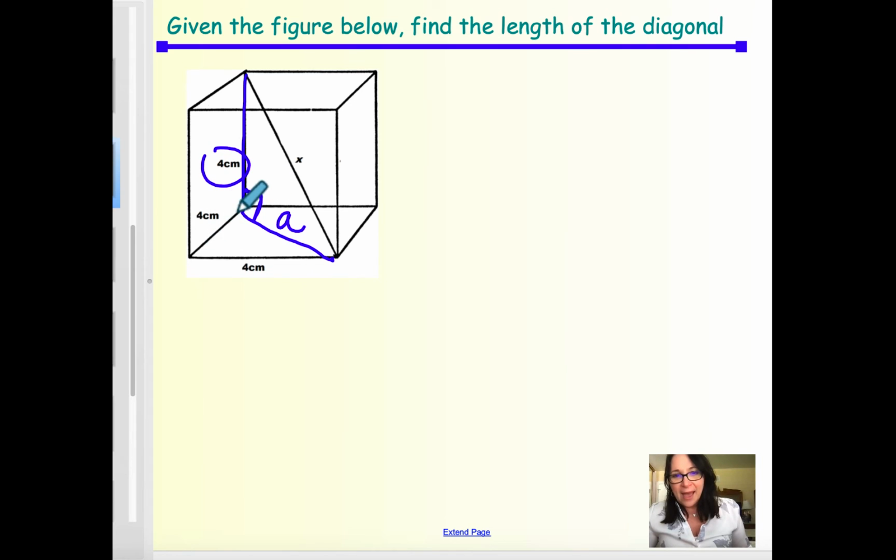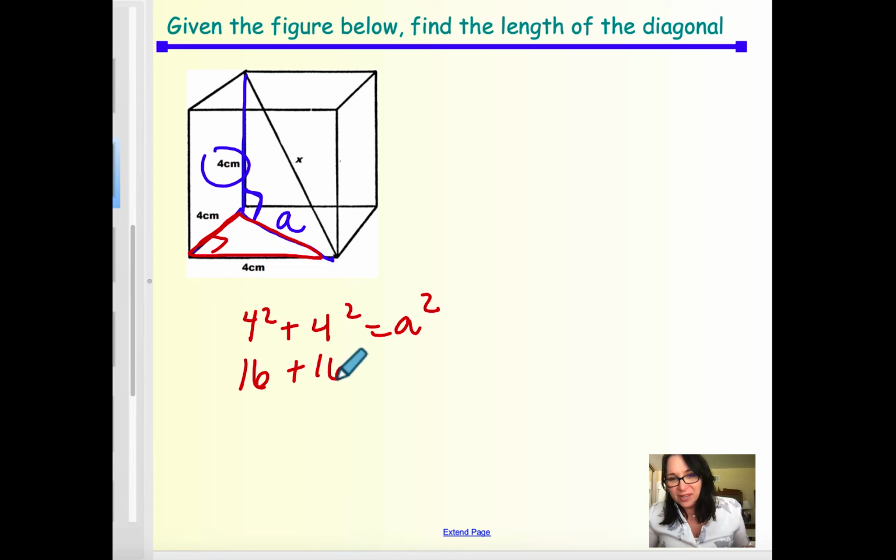In order to find that, I would need to use this right triangle to find the length of a, which would go 4 squared plus 4 squared is equal to a squared. So we have 16 plus 16, which is 32, equals a squared. So a equals the square root of 32.